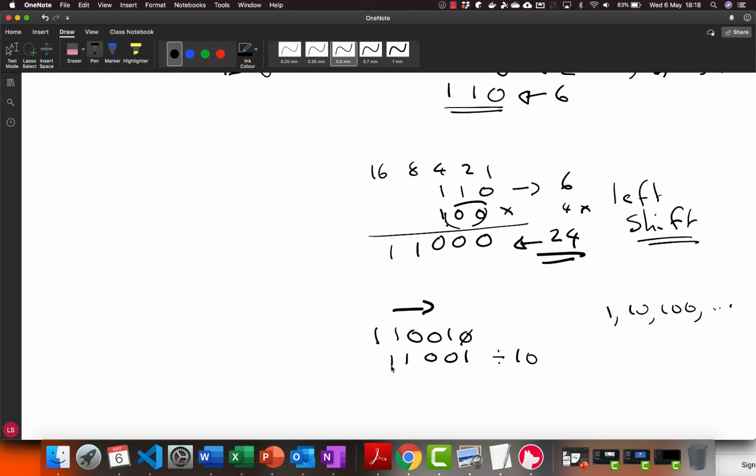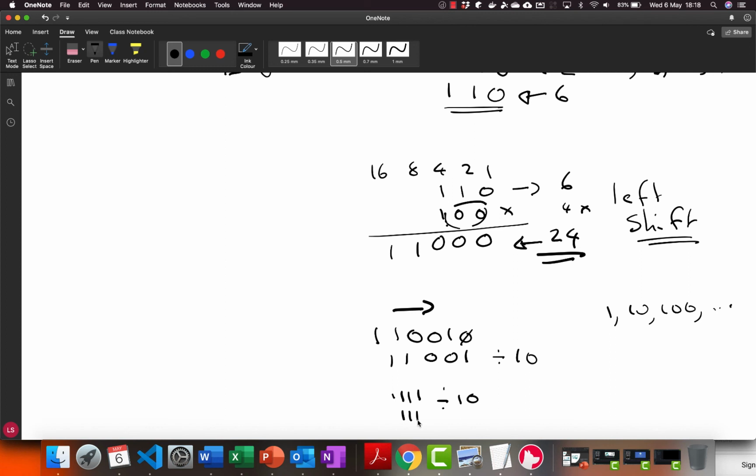Now, what people will ask is, what happens if we lose a 1 when we are right shifting? Let's say I have a number that looks like this, 1 1 1 1, and I divide that by 10. What I'm going to end up with is 1 1 1, and we just ignore the decimal places. At this level, if you drop off a decimal place, just ignore it.